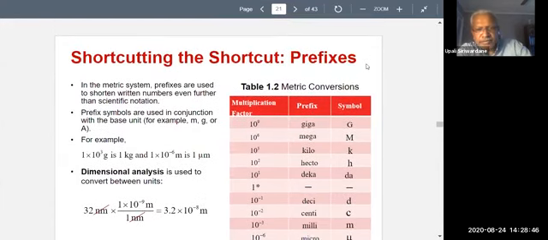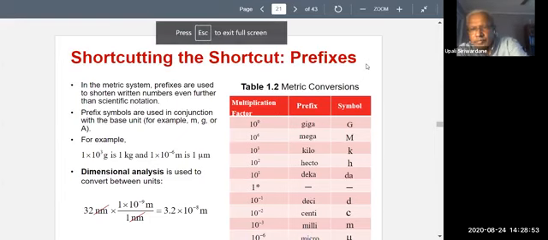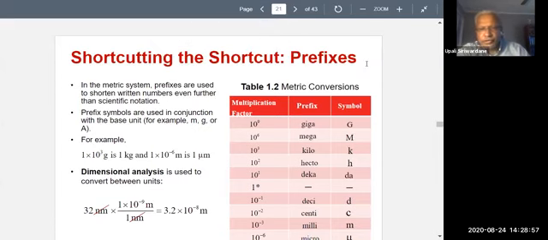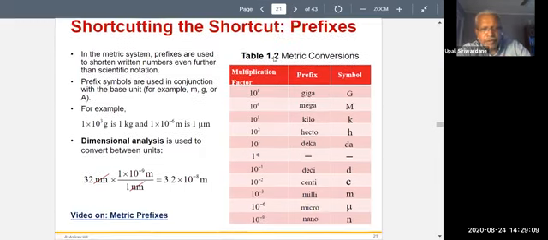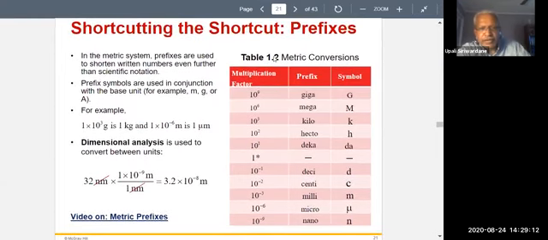In measurements, we also use prefixes to abbreviate, shorten the number. There are 2 ways to shorten the number: scientific notation and using prefixes.